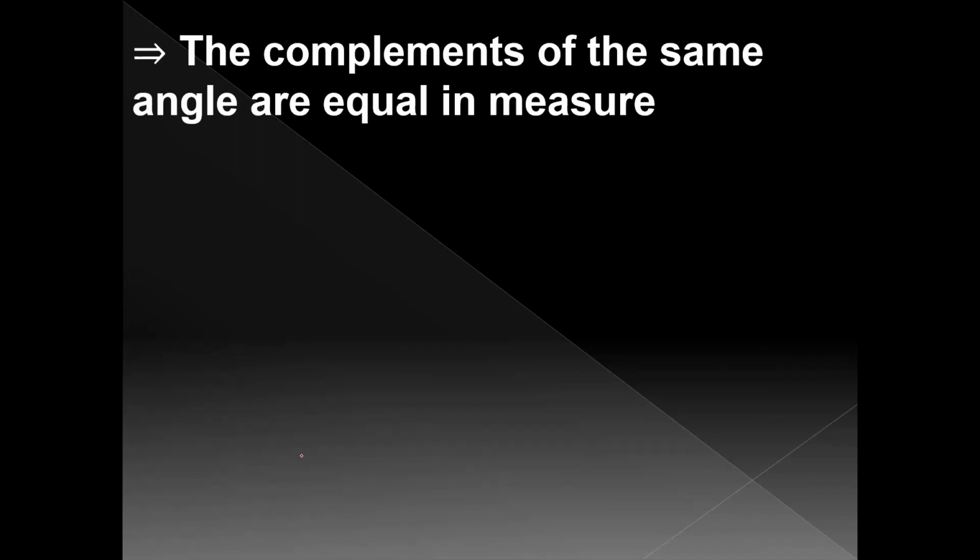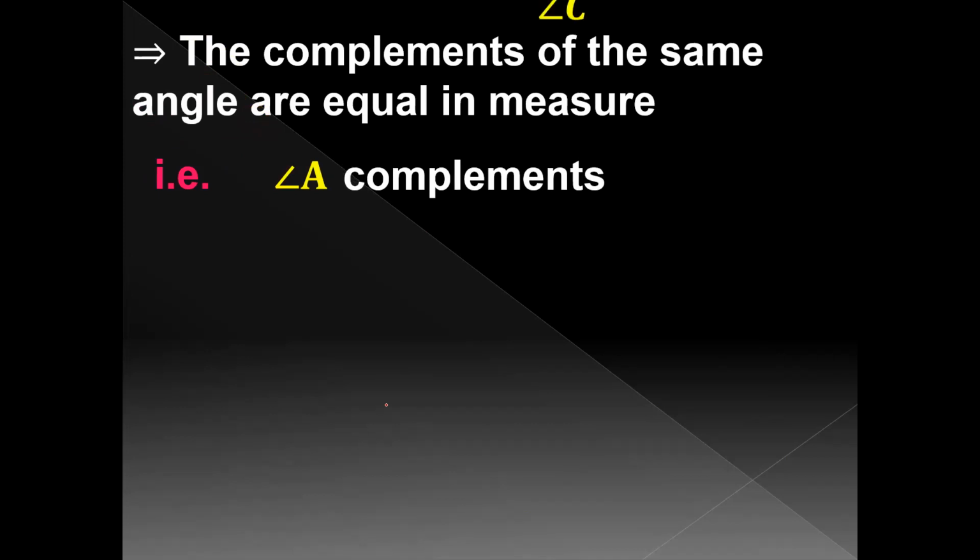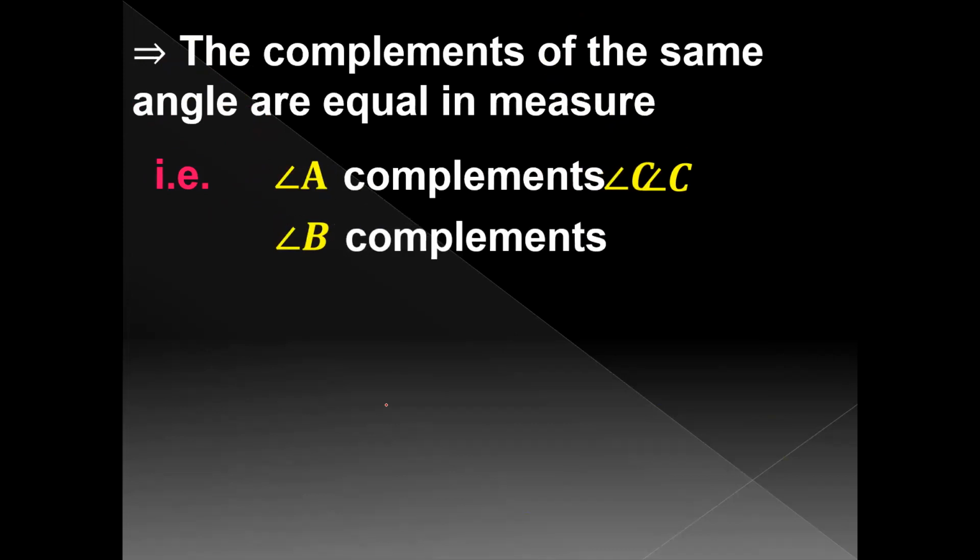Another remark: the complements of the same angle are equal in measure. What does that mean? If we have angle A complementary to angle C, and angle B is also complementary to angle C, we will find that angle A equals angle B in measure.